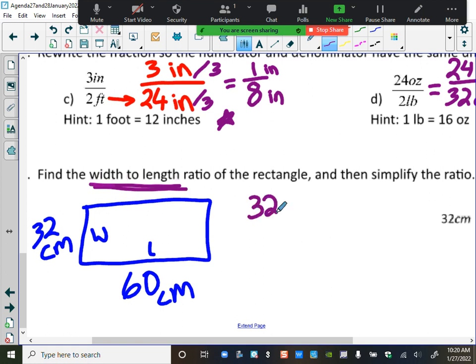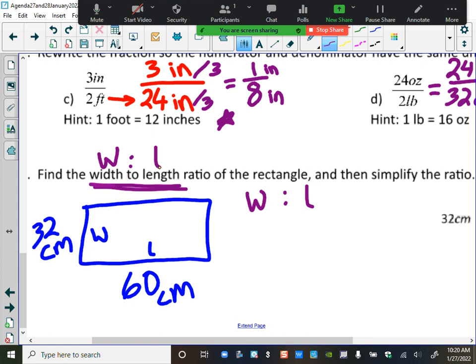32. So you can do the width, 32 centimeters, colon, length, 60 centimeters. You can do it that way. I'm all right with that. Okay, let me give you all more space. So you said the width. Here's your width, length. In this one, not yet.